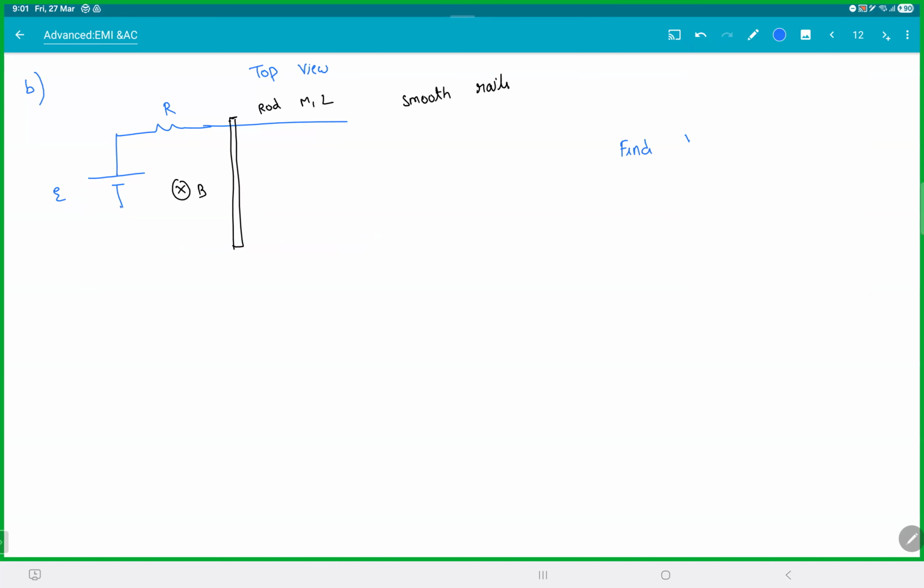So basically we can put a switch here like this. The switch is closed at t is equal to 0. You should be very comfortable with these kind of questions.